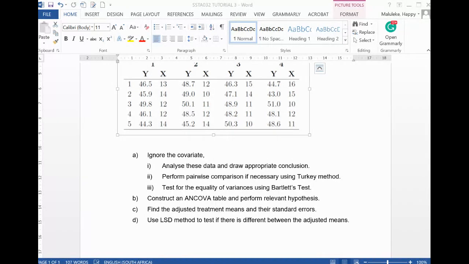The LSD method is to check if the means are equal; if there is a difference, their interval includes 0. Yes, but now you are not doing the confidence interval. You are doing the pairwise comparison. Perform pairwise comparison using the LSD method for the adjusted means.